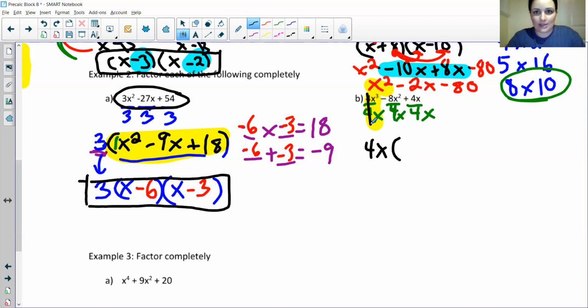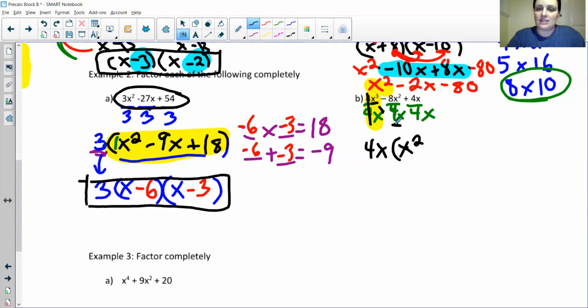Do I need to write the 1? No. And then if I have x cubed divided by x to the power of 1, remember our exponent laws, 3 minus 1 is x squared. I can take a moment and look, did I do that right? Is 4x times x squared the same thing as 4x cubed? Yes, so okay.